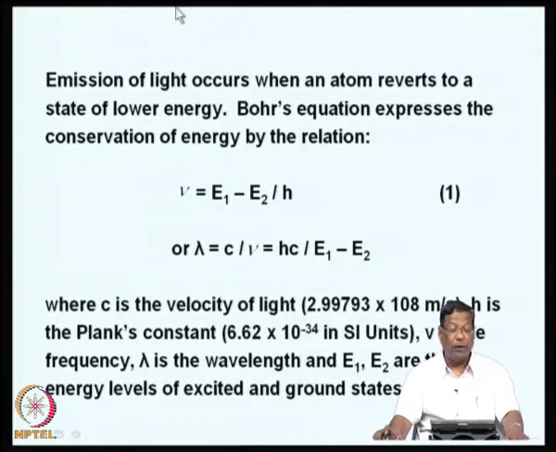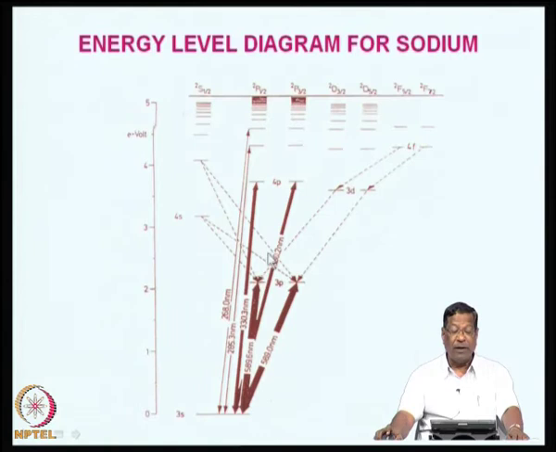So, if we use the minimum excitation, then we should be able to determine the requirement of the electromagnetic radiation to excite an electron from the ground state to the next higher energy state. So, this can be calculated in terms of electron volts or in terms of radiation of a particular wavelength.